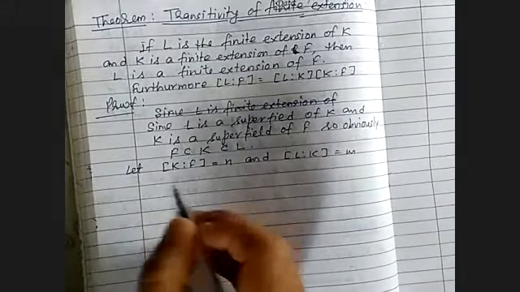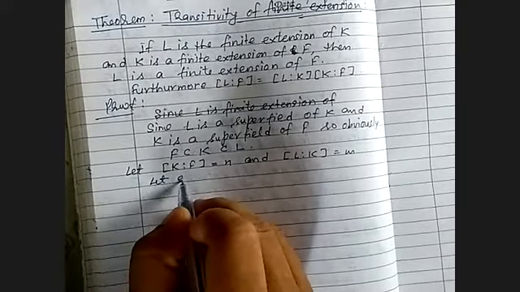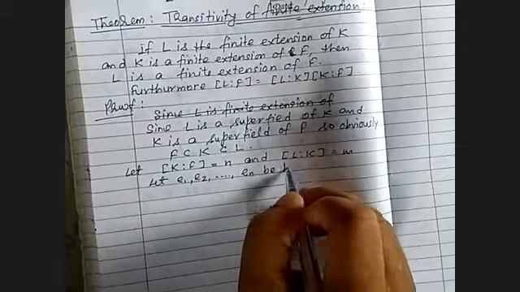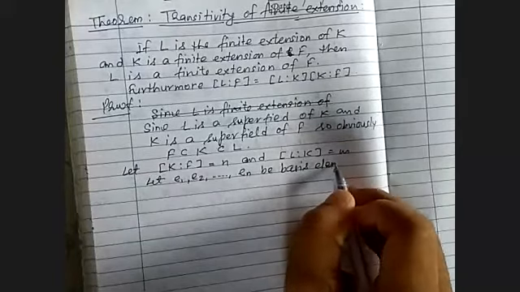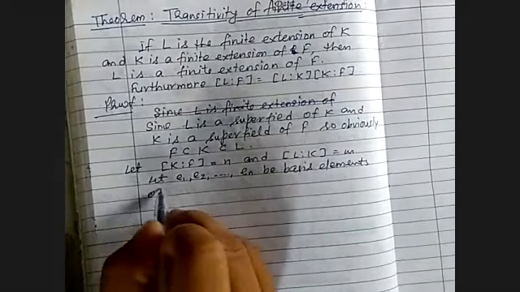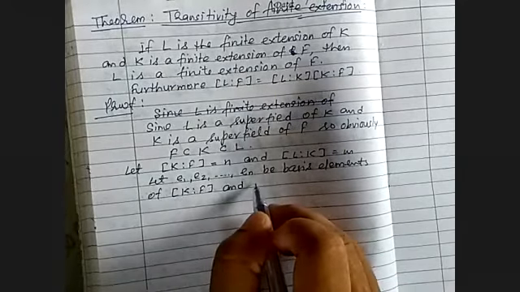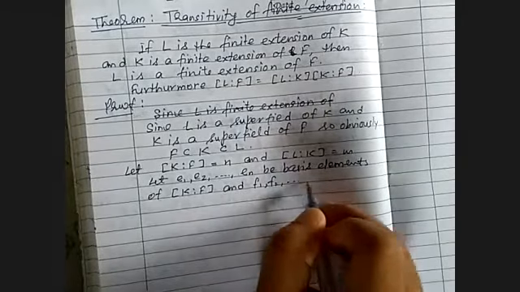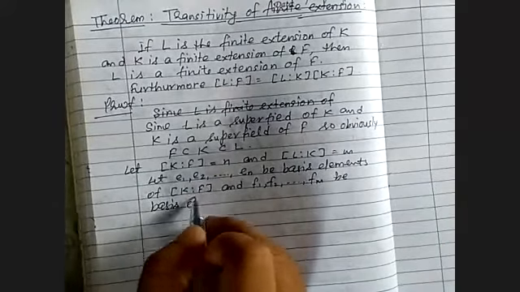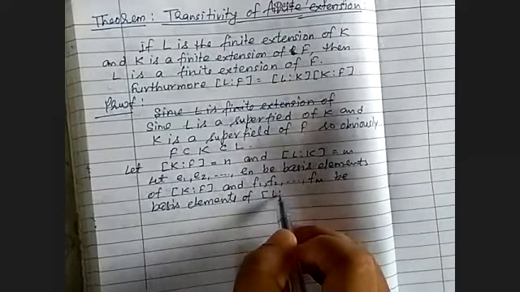Okay, let E1, E2 up to En be basis elements of this KF and another F1, F2 up to Fm be basis elements of LK.